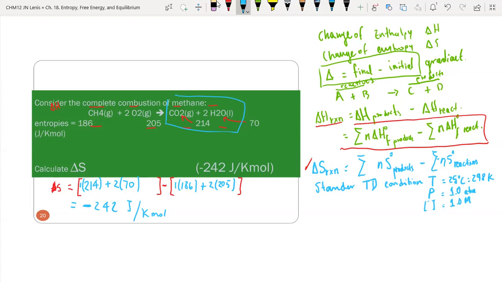You see the entropy here is going down. So delta S for the reaction goes down. It's negative. And nature doesn't like that very much.